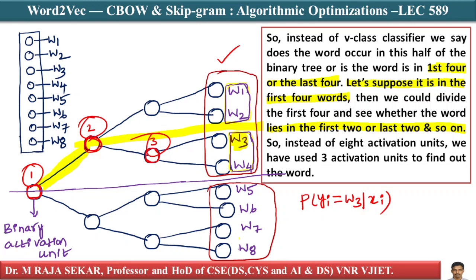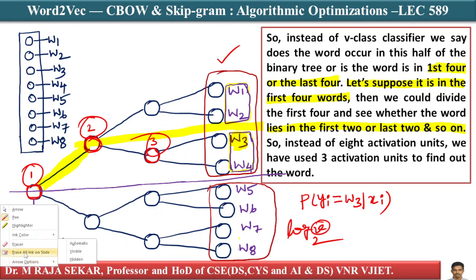So if I have V words, let me assume V is 8 here, I just needed log V activations, log V base 2. Here V is 8, log 8 base 2, which is 3.